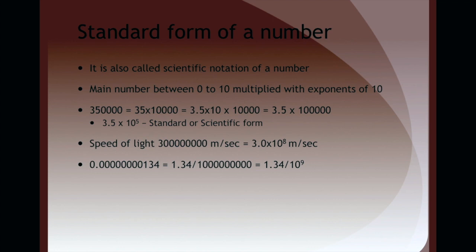So to convert it into scientific form, you have to make it 1.34, which is between 0 and 10. Since it is a decimal number, we divide it with 10000, or may say 10 raised to power n. So it becomes 1.34 divided by 10 raised to power n, or in simple form we can write 1.34 into 10 raised to power minus 10, because when we bring this 10 raised to power n from denominator to numerator, the power becomes negative.